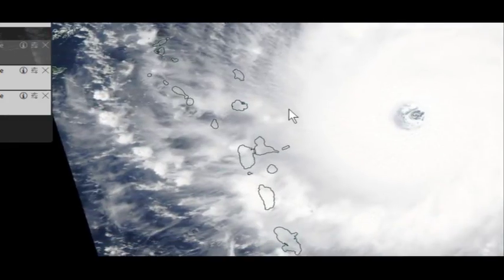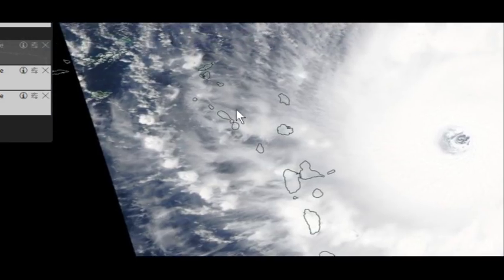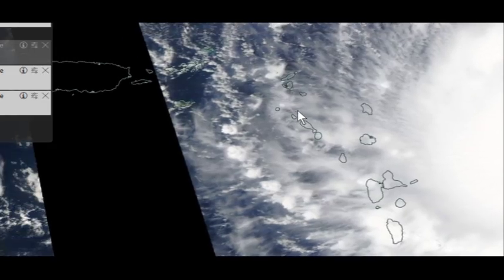Anyway, it's approaching the Leeward Islands, moving to the west-northwest, and I'm guessing these are the Netherland Antilles, I believe. I know one of the islands there, kind of very well known for airplane shots coming in low over the beach. Someplace that I want to go one of these days.